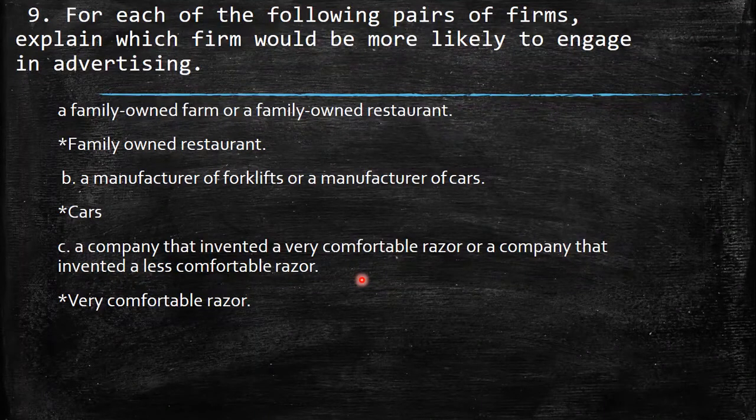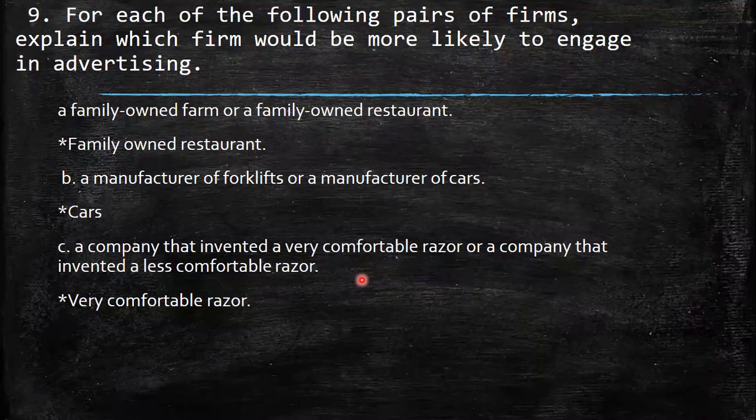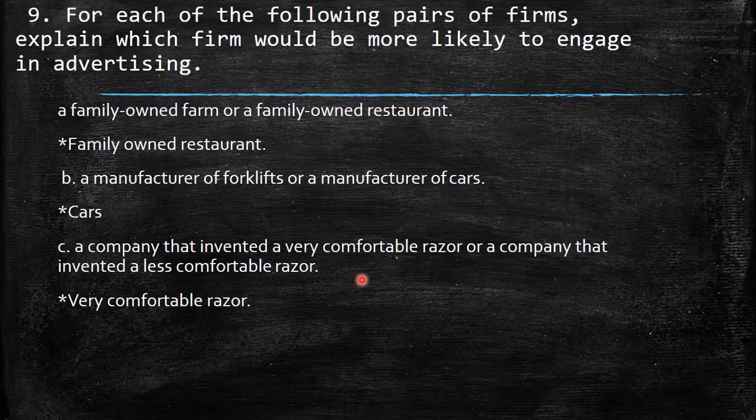If a famous actor or actress is on TV and they launch a product, it is an implicit signal of quality. So it should be the very comfortable razor, because if you advertise a very comfortable razor, the advertising is a first cost, but you will gain usual customers who will buy more. If you advertise a less comfortable razor, people will buy the first time, but they won't want to buy anymore. So definitely that should not be a good deal.